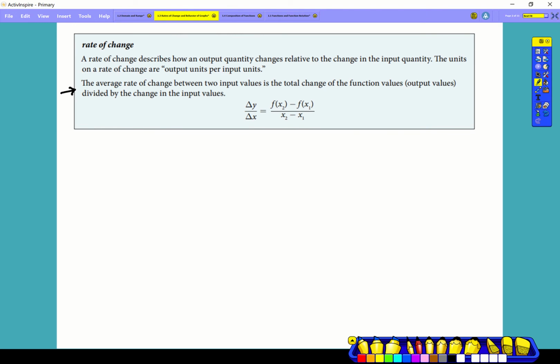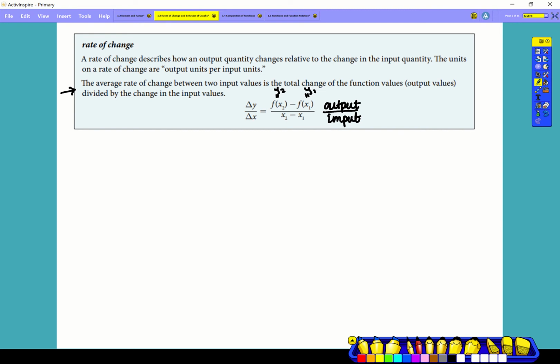The average rate of change between 2 input values is the total change of the function values divided by the change in the input values. So output over input. So what it's saying. And these are equal to y. Right?